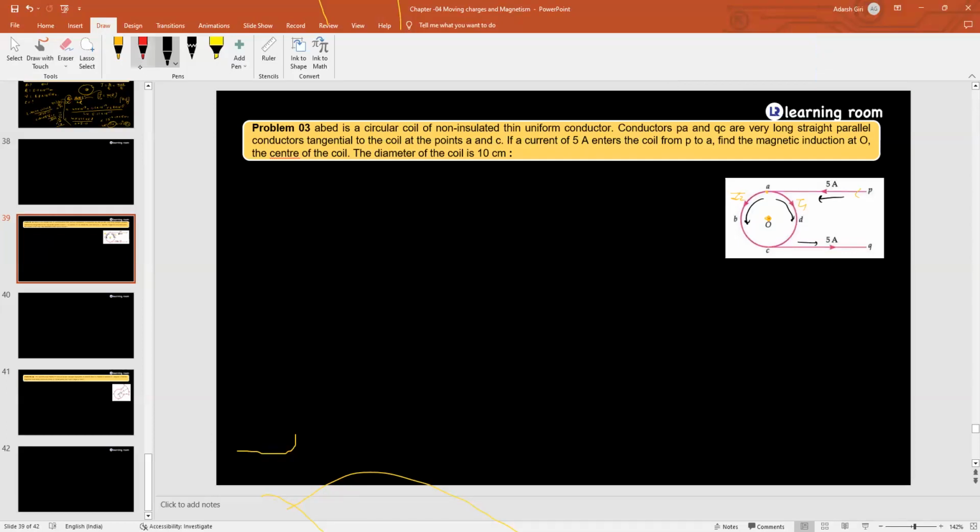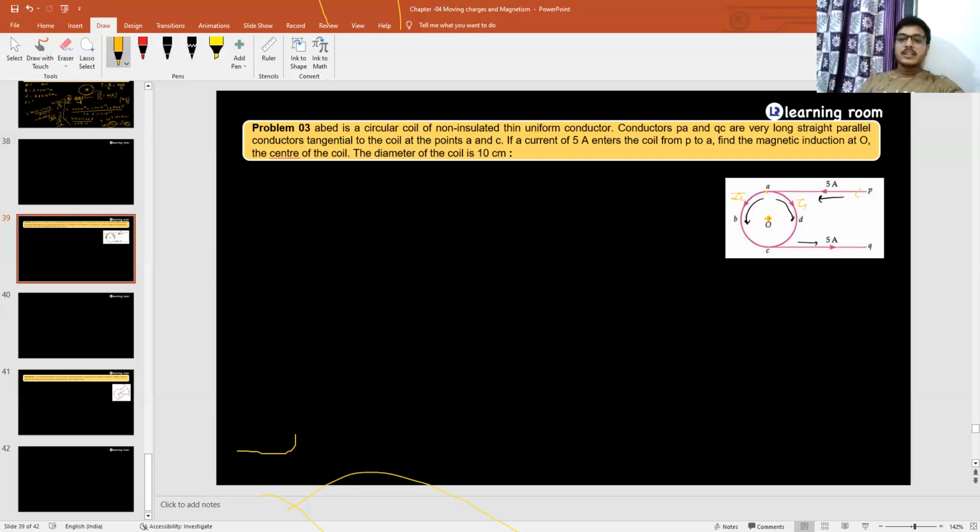Now see here, current is inversely proportional to resistance, and resistance is rho L by A. So if I say that the cross-sectional areas of the curves ABC and ADC are the same, isn't the length of ABC equal to the length of ADC because they are semicircular? Agree? Now, length ABC is equal to length ADC.